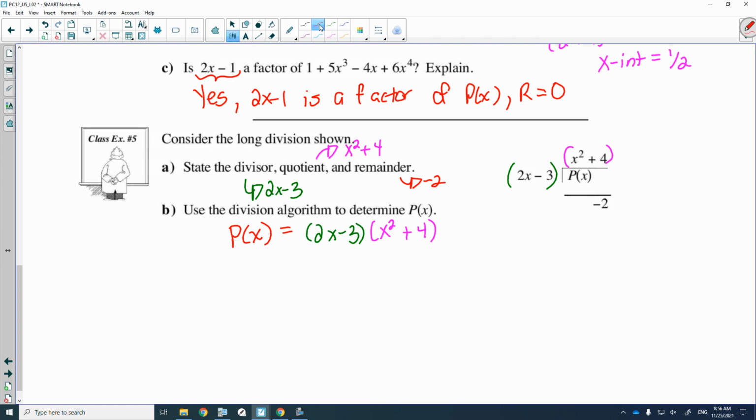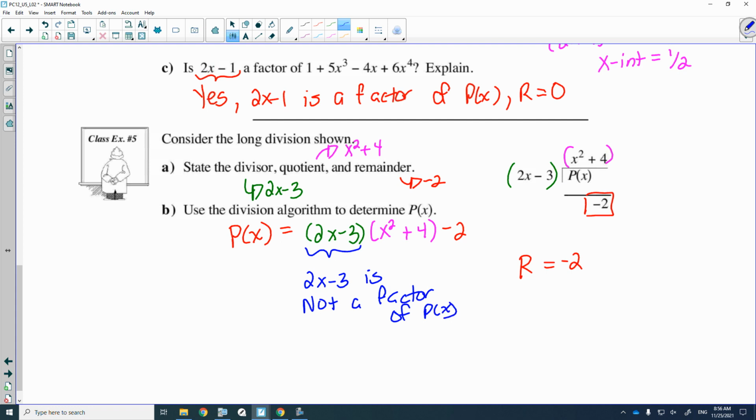And my remainder is -2. I have a remainder of -2. Is this a factor? It is not. 2x minus 3 is not a factor of p of x.